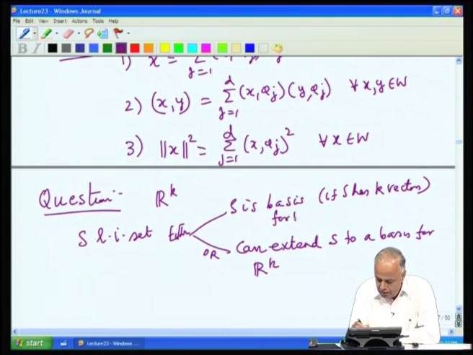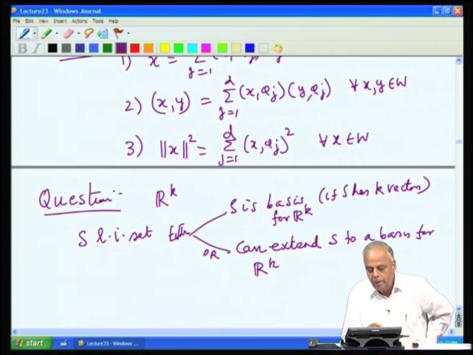So, it is either already a basis for R k, or it can be extended to a basis for R k.